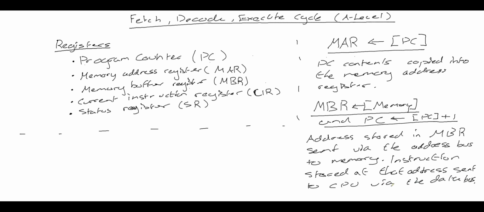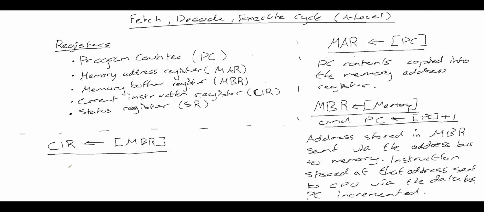And finally, whilst this is going on, the program counter is being incremented so that it stores the address of the instruction that's going to be executed after this instruction that we're currently storing in the memory buffer register is executed. Okay, so the PC is incremented.